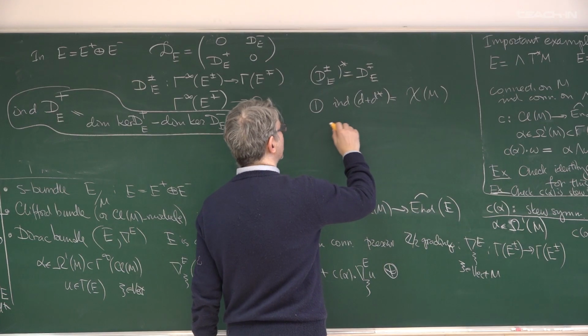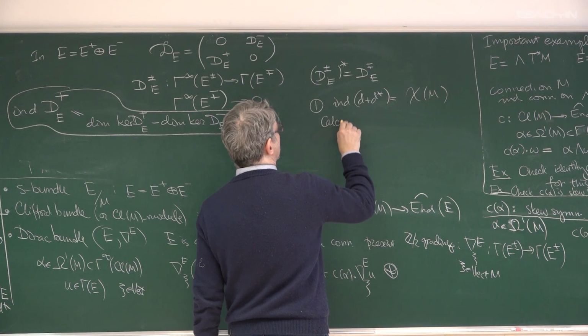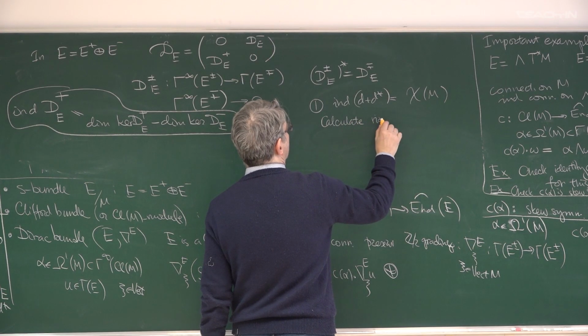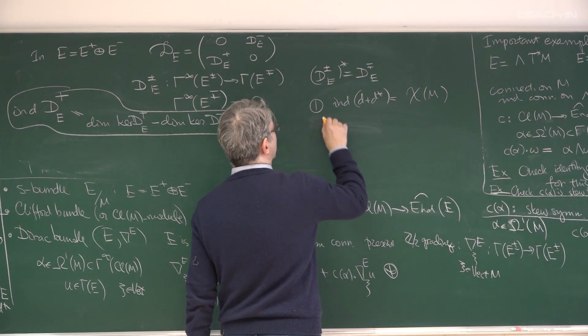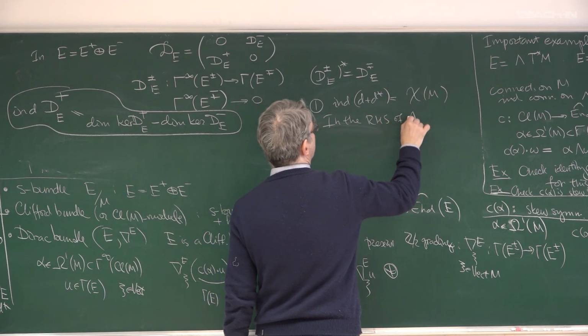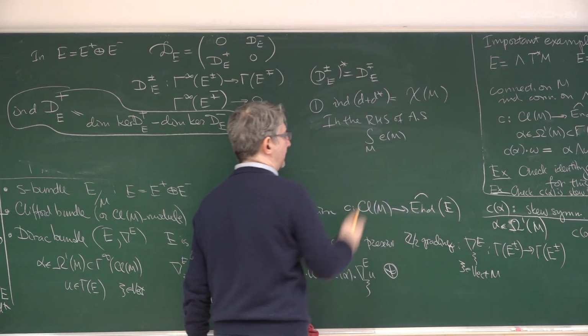But what is interesting here is to calculate the right-hand side of the Atiyah-Singer formula, where you will see the integral of the Euler class.